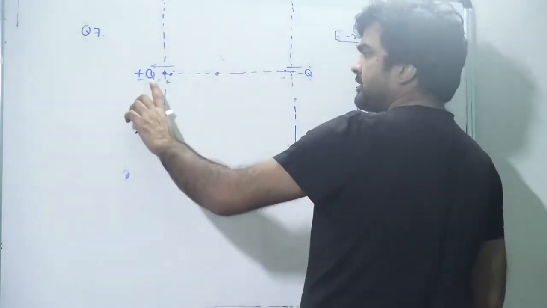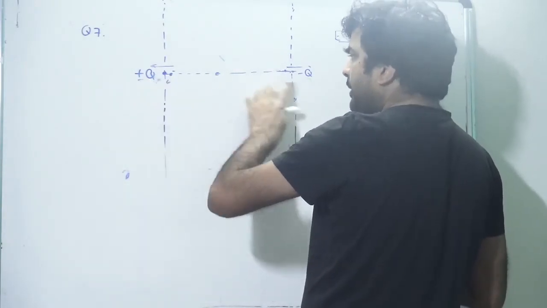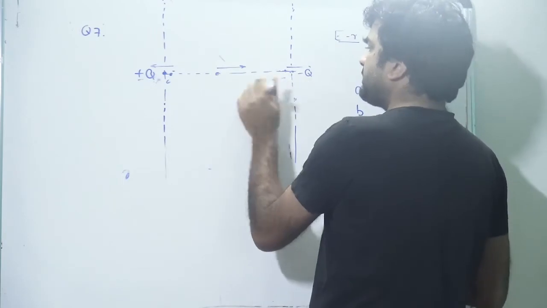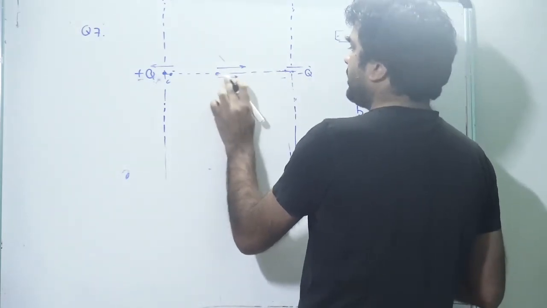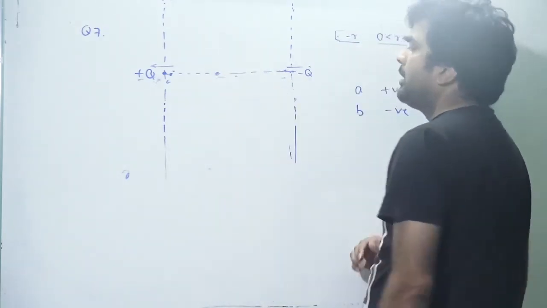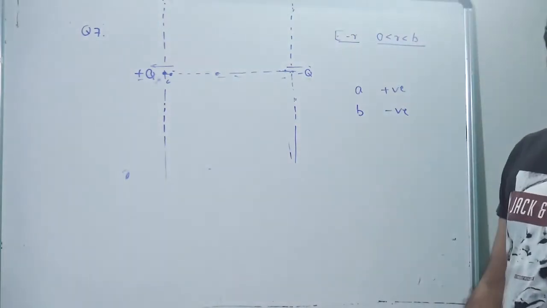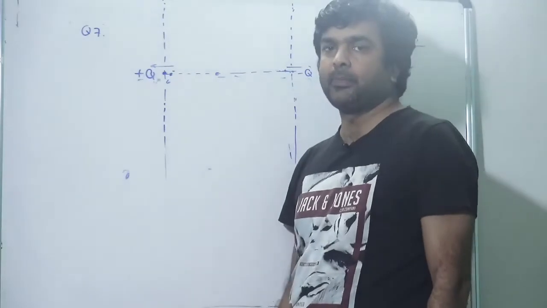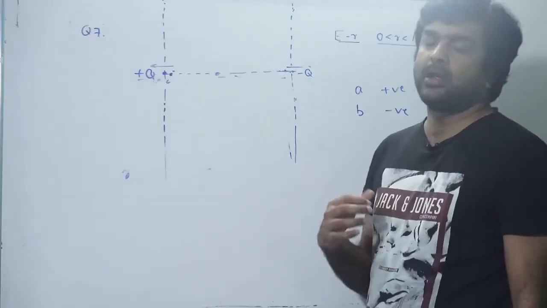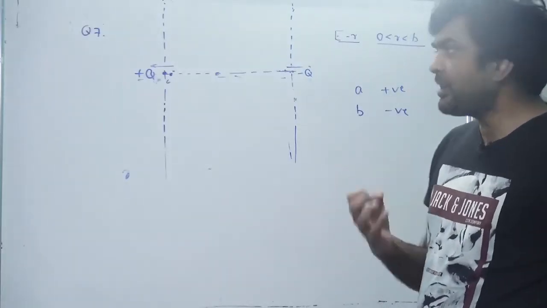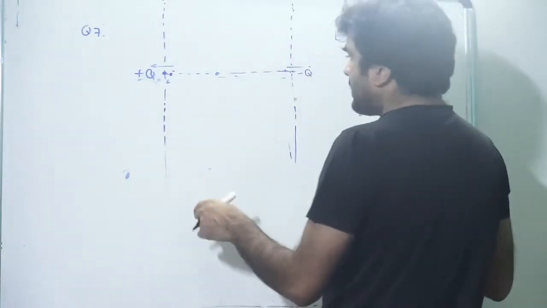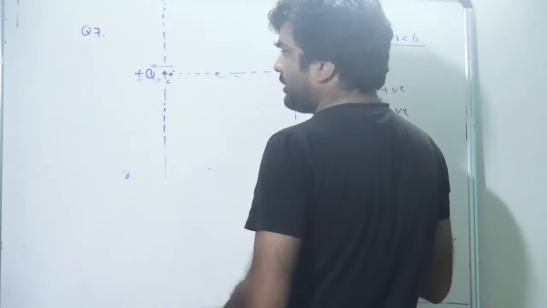Because of this positive charge, at any point between these two charges, electric field will be in this direction. Because of this negative charge, electric field will be in this direction. So net electric field will be the sum of these two electric fields towards right.